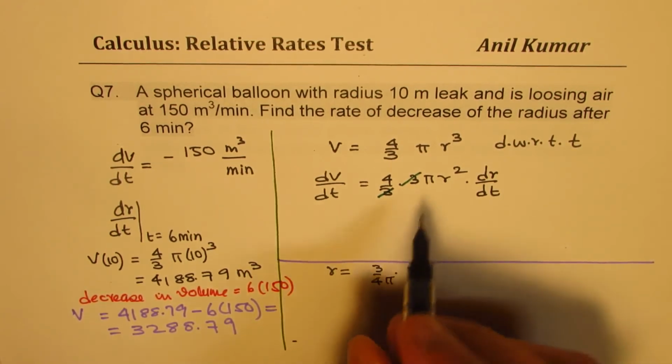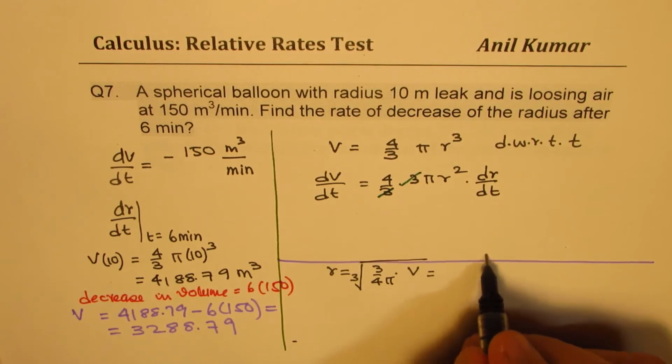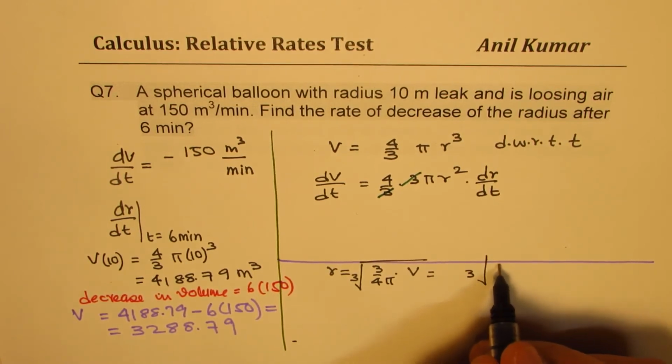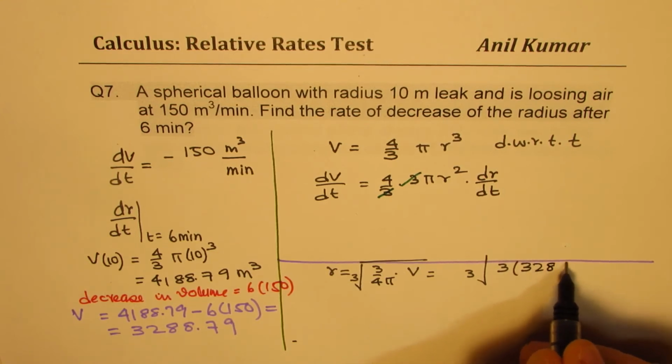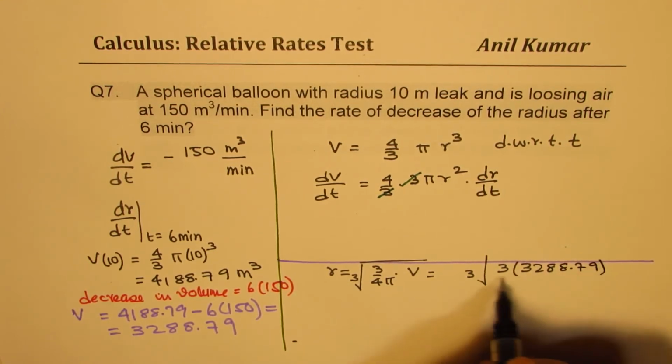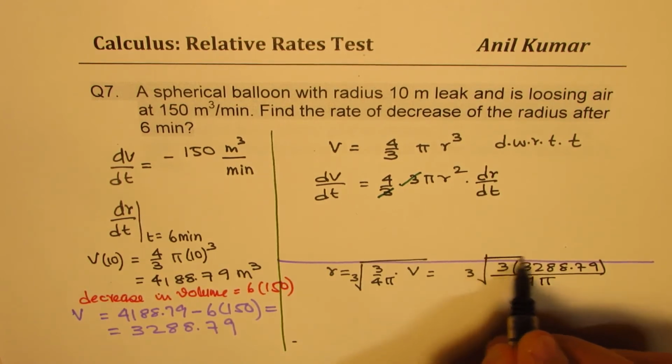So it is the cube root of 3 times 3288.79 divided by 4 pi.